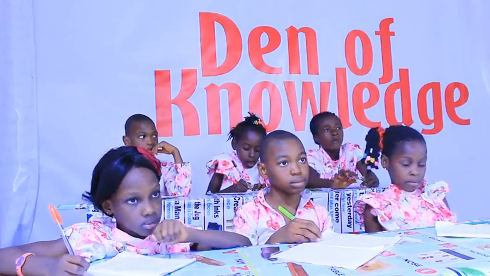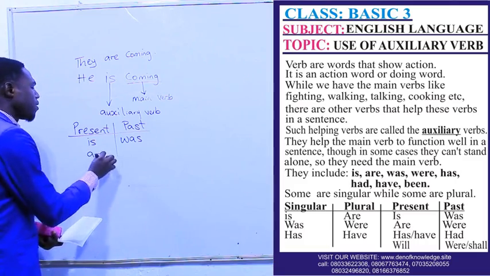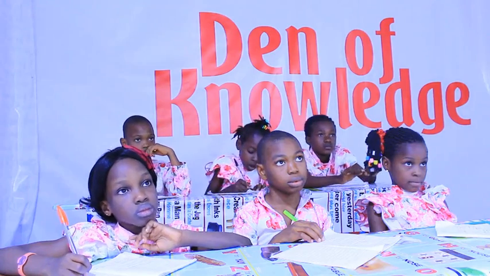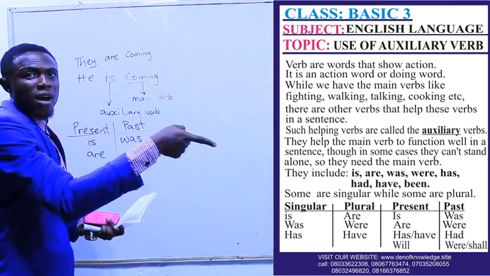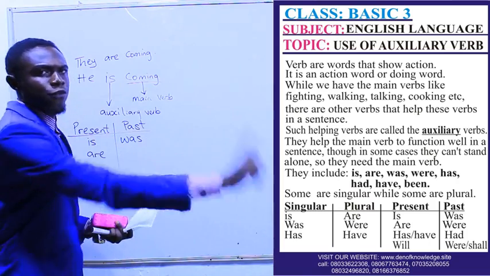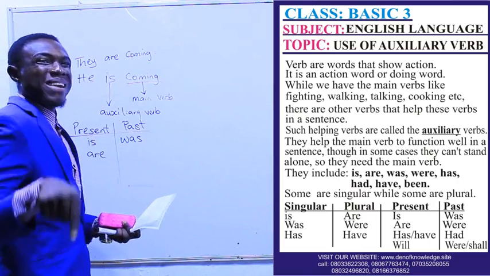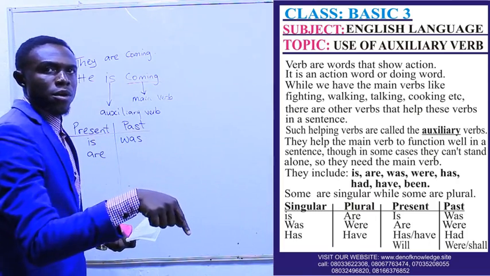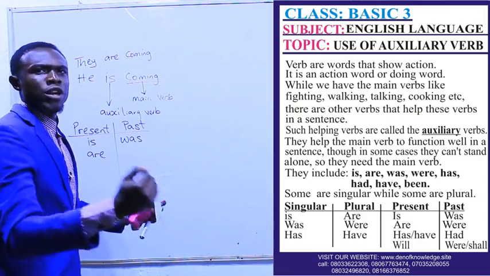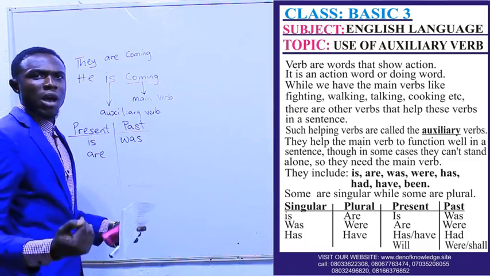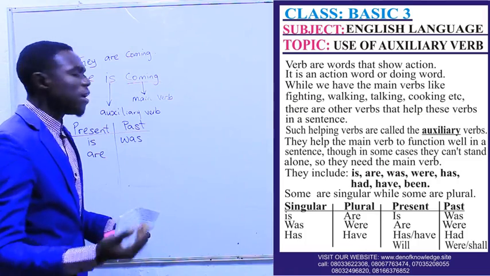We say another one. Are. Remember, are is plural, and it supports plural present verbs. Example, we are going to market.